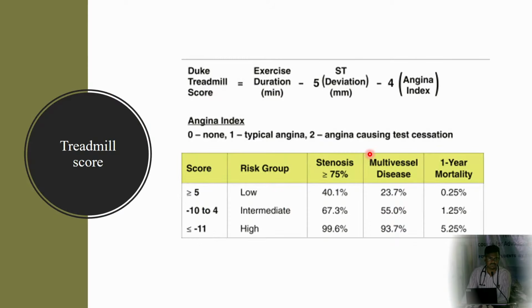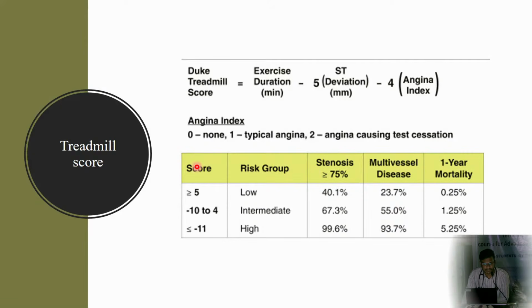I told you there is one test, the Duke treadmill score, that is exercise duration in minutes, from which is subtracted the ST segment deviation multiplied by 5 and the angina index. The angina index has 0, 1, 2 scores: 0 means no pain, 1 is the patient has pain but is able to complete the test, 2 is the patient has pain and has stopped the testing.